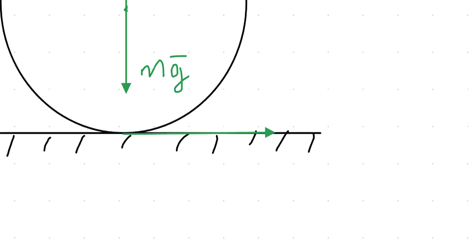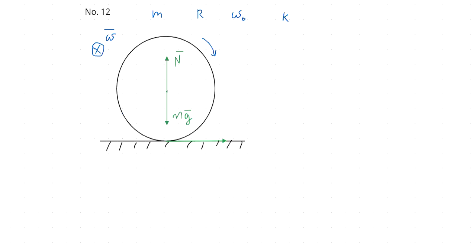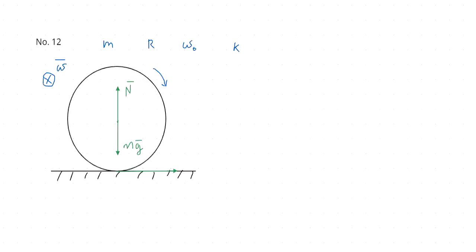This is the force of friction. It is directed from the point of contact between the cylinder and the surface to the right. So this F is the force of friction.